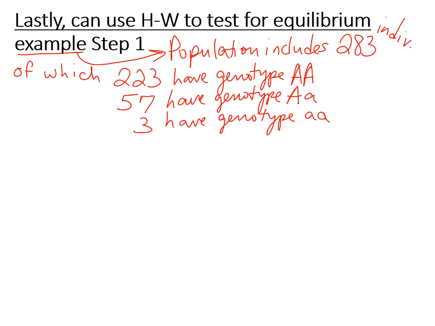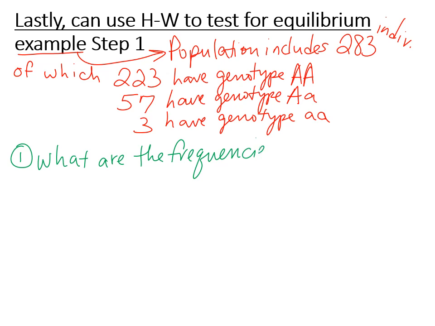Now, the first thing you want to do when trying to figure out if this population is in Hardy-Weinberg equilibrium is ask yourself, what are the frequencies of these genotypes? All that means is you need to translate numbers and language into math.